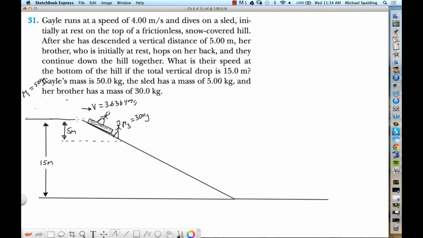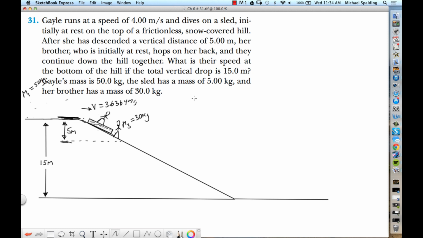Because look, she's going down a hill. She started up here, and the problem tells us that after she drops 5 meters vertically, that's when she hits her brother. So she's picking up speed, going faster, faster, faster. What type of energy did she start with at the top of the hill? Kinetic.